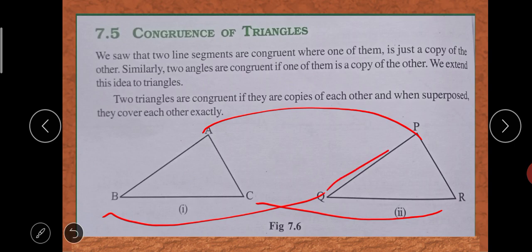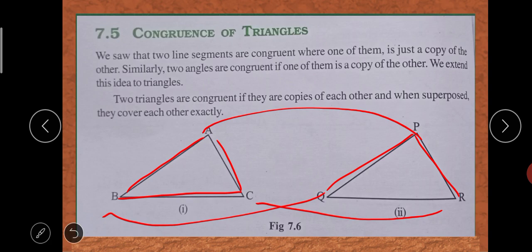This is PQ. It will fall on AB. In the same way, QR falls on BC. You just have to keep this PQR and place it over ABC. And AC will be covered by PR.